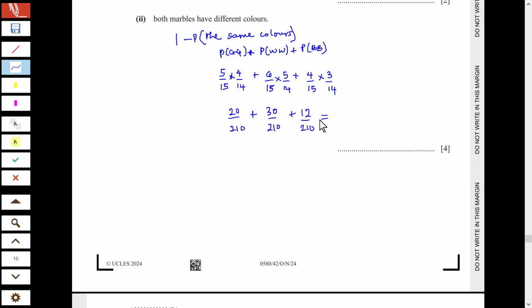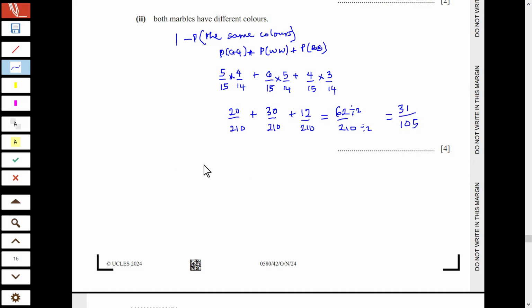Now we can add up 20 plus 30 plus 12. This gives us 62 over 210. We can express this in simplest form by dividing by 2, and this gives us 31 over 105. Now, to find the final answer, we have to subtract 31 over 105 from 1.